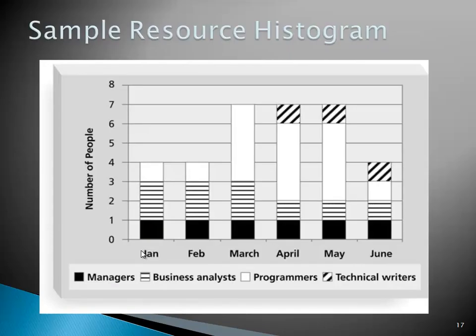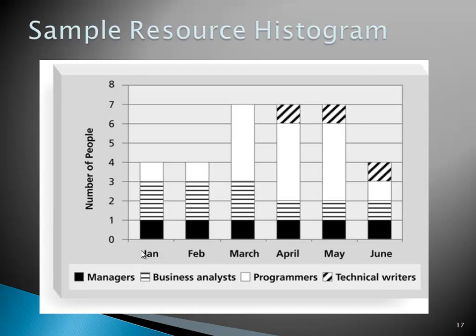This is a histogram that shows the different resources. If we have a project that is 6 months long, from January to June, we can see that at the beginning of the project we have managers involved, we have business analysts, and then we have programmers.